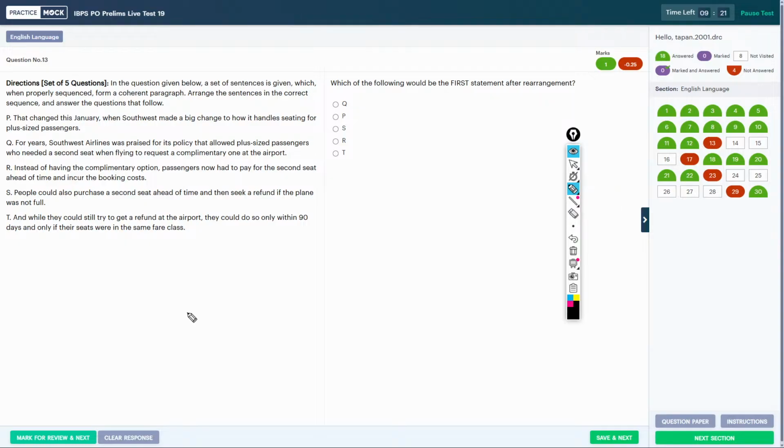First, for years this has been going on. So P is a pair. Now Q: people could also buy a second seat ahead of time and seek a refund if the train is not full. And while they could still try to get a refund at the airport, they could do so only within 90 days.